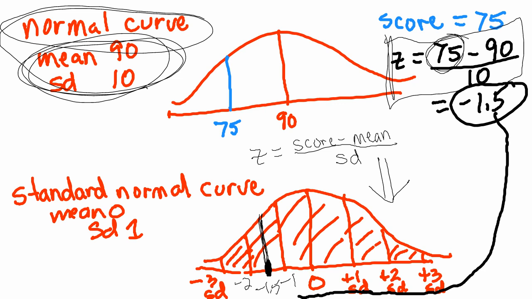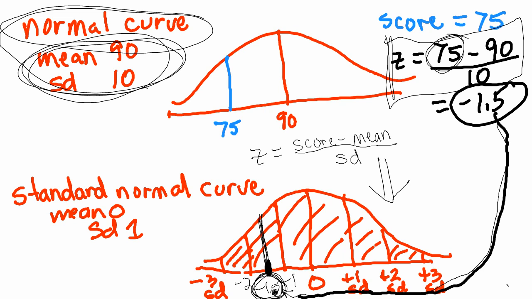When we found the z-score by using that formula, it took us to the standard curve right here, negative 1.5. So it standardized our answers.